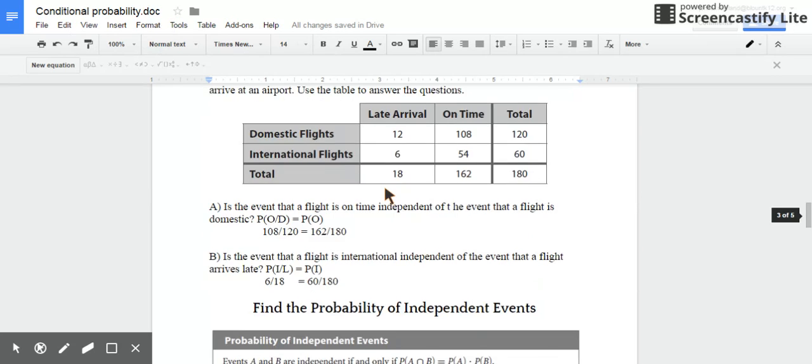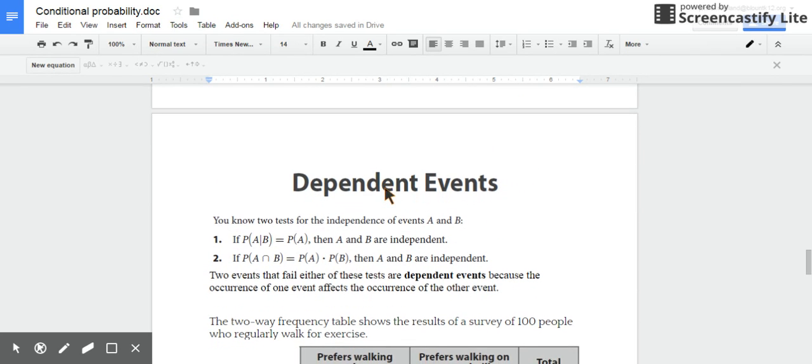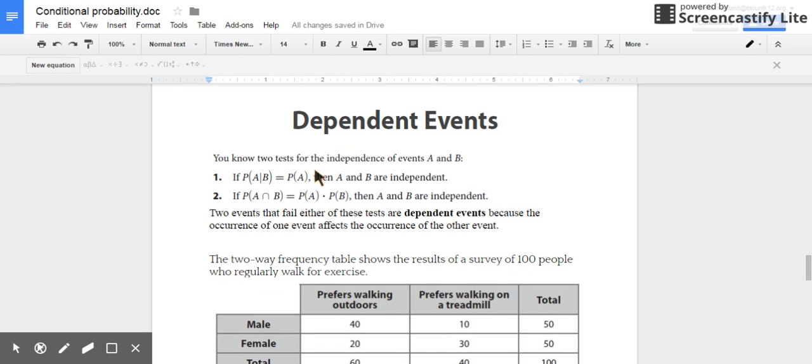So those are tests for knowing if we have independent events. You've got two tests for the independence of events A and B. If either of these does not come out equal, so if the conditional probability A given B does not equal the probability of A, or if the intersection does not equal the product of the two separate probabilities, then we have what are called dependent events.